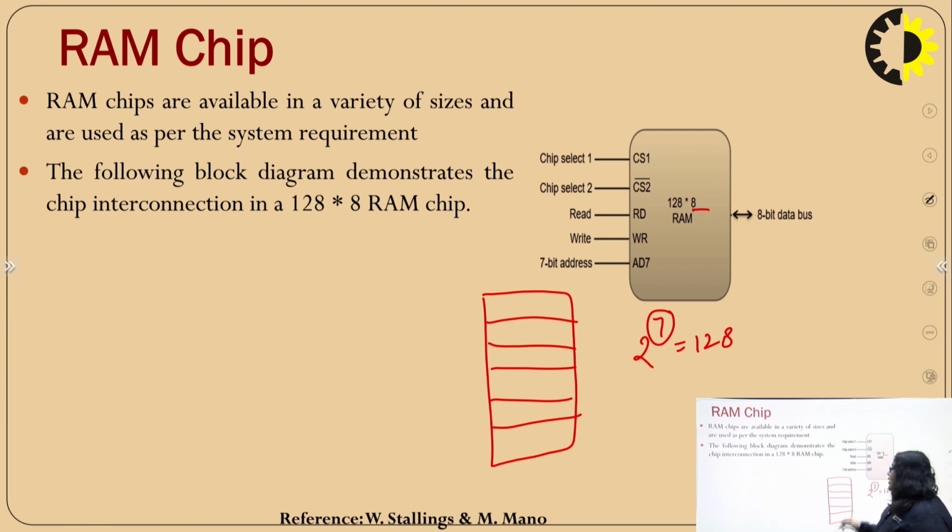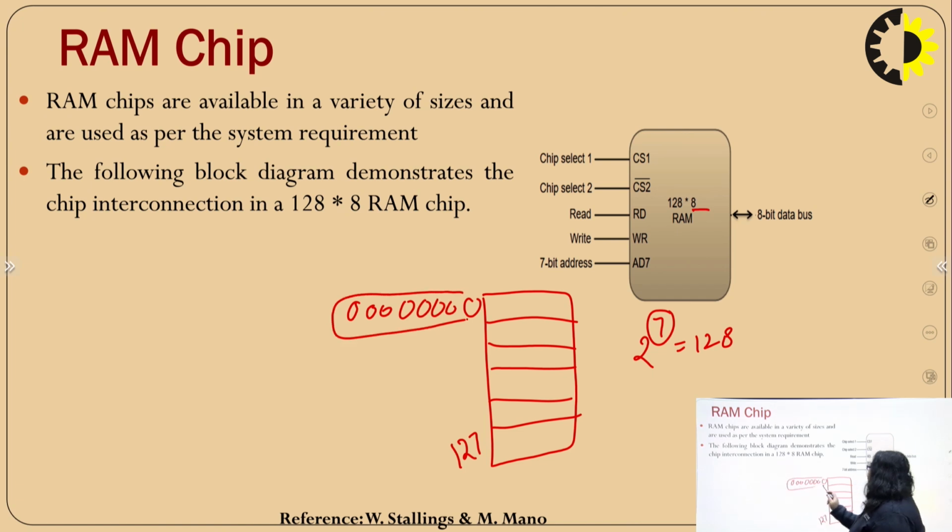The memory is divided into a number of words, and the address of the first word is 0. Because the size is 128, the last word address is 127. The address needs 7 bits, so the starting bits are 0, 0, 0, up to 7 bits.